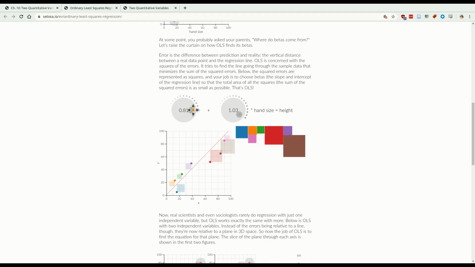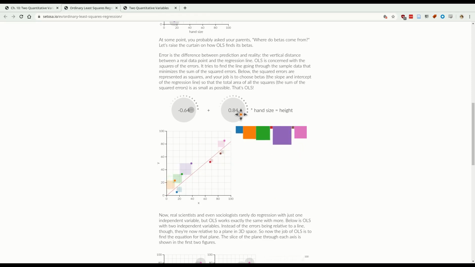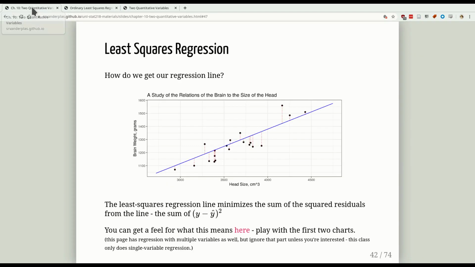All right, so you want a line that gets fairly close to all of the points, and you're just trying to optimize how close. So I encourage you to play around with this app and try to manually get a line that minimizes the sum of squares.